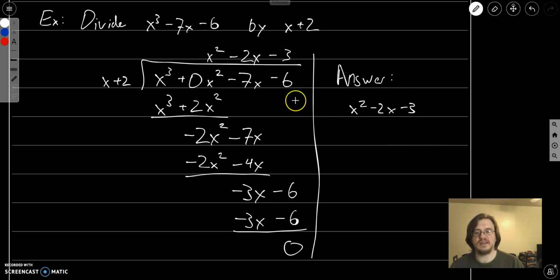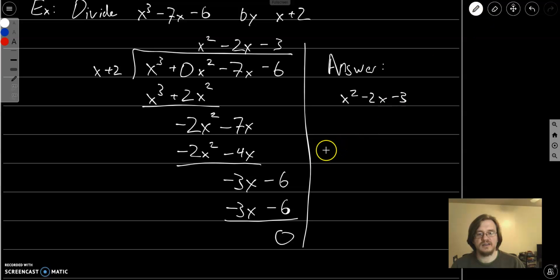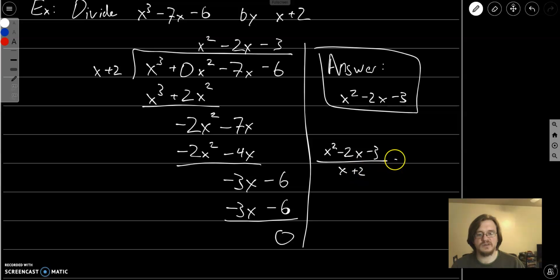One thing to notice here is that we can write this down in a couple of different ways. So this says that if I take x cubed minus 7x minus 6, and I divide it by x plus 2, I get x squared minus 2x minus 3.